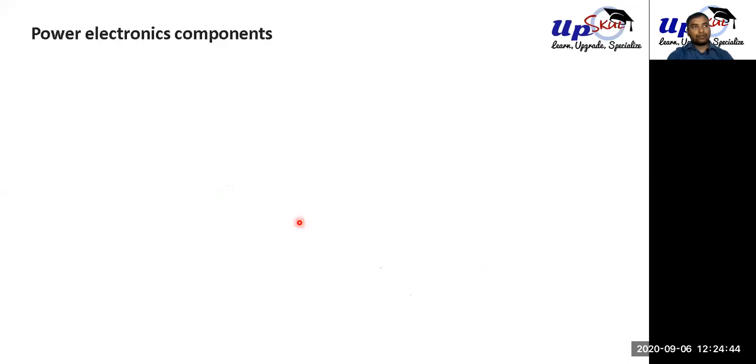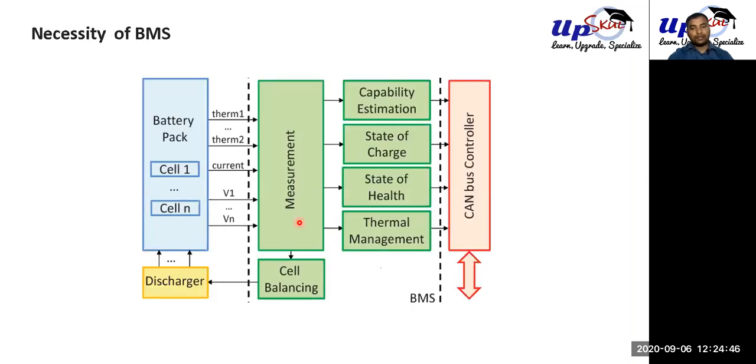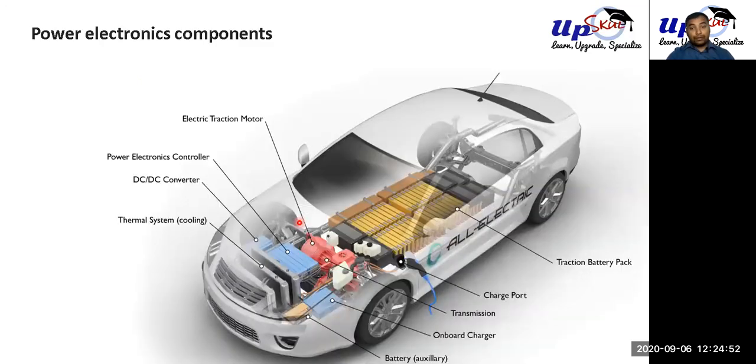Similar thing also goes on for your laptop. Inside your laptop there is a BMS. When there are multiple cells, there is a BMS. And now comes the power electronics. Power electronics are the components which actually help an electric car run. These are the components that help the powertrain work. For example, for the battery there is the battery management system.